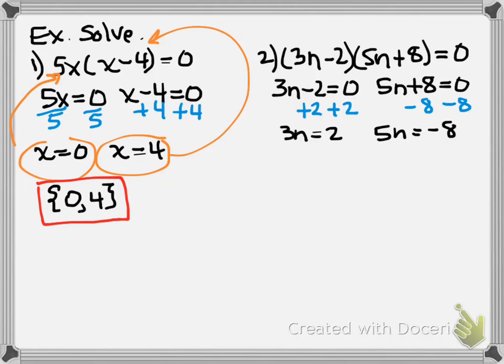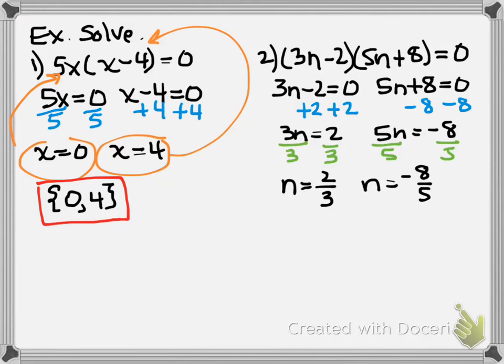Then we're going to do the next. Opposite of multiplying by 3 is dividing by 3. Opposite of multiplying by 5 is dividing by 5. So that gives me n equals 2/3, n equals negative 8/5.